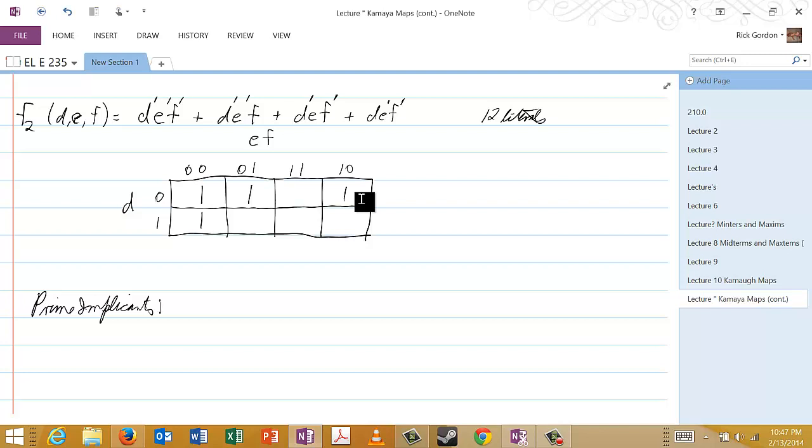And now when we're looking for groupings of 2 one cells, we have several options. Now, I like to suggest to students, and this is not hugely important, that when they have a number of options, they always start with the option that is the hardest to see, so that they don't forget it later.